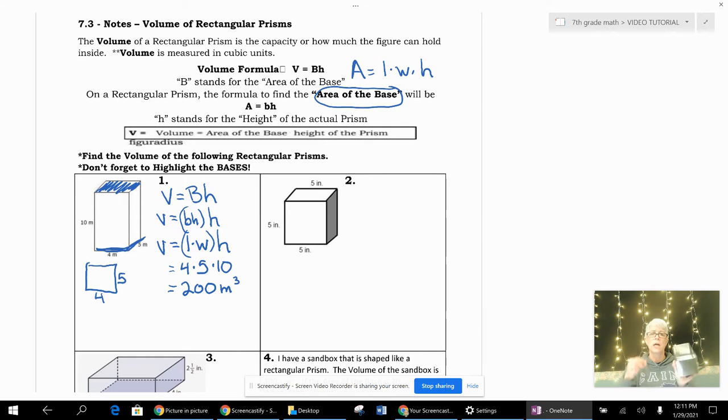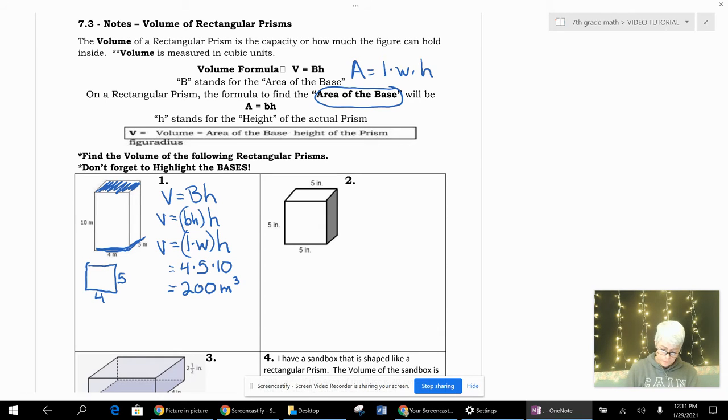If I could fill 1,000 of them in here, that would be 1,000 inches cubed, or to the power of 3. The power of 3 means it's three-dimensional. So when I finish a volume question, I always put a little 3 up at the top. Again, you could go back to the idea of length times width times height. That's 3 dimensions. All right? Area, 2 dimensions. Volume, 3 dimensions.